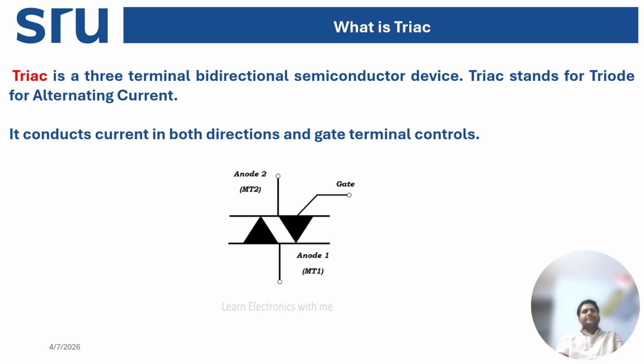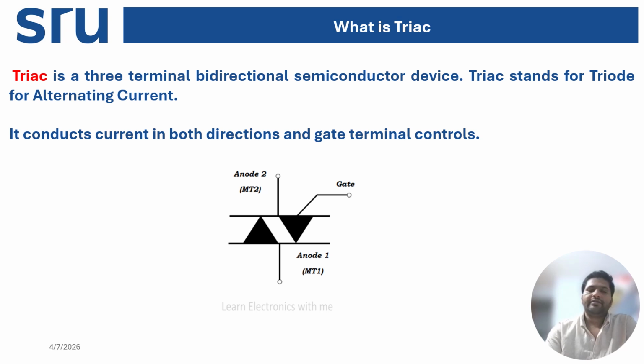So next is another device, that is the TRIAC, a three-terminal semiconductor device used to control AC power. That means this type of device is used in power electronics circuits. The name TRIAC stands for triode for alternating current.